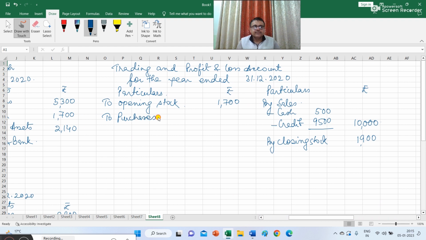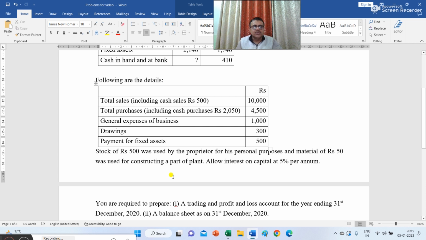Cash purchase is given as 2,050 and the credit purchase will be 4,500 minus 2,050, that is 2,450, and the total purchase is 4,500. There are 2 more transactions which is related to purchase. You can see it in the question.